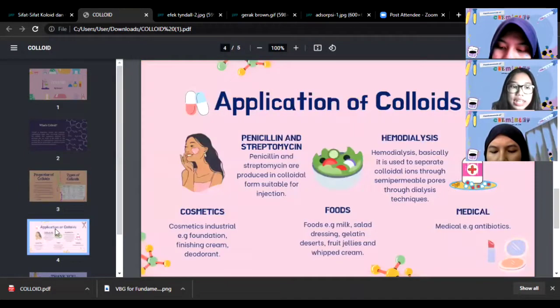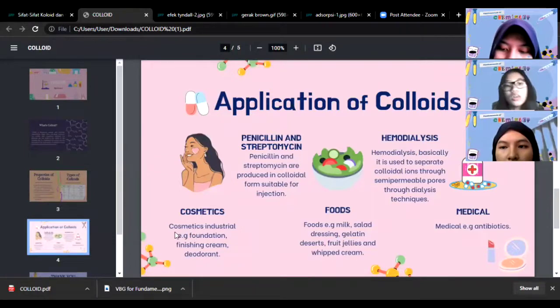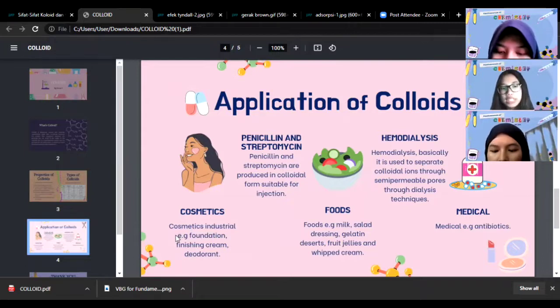So next is application of colloids. It includes cosmetics, penicillin and streptomycin, foods, hemodialysis, and medical. Cosmetics are used in the cosmetic industry, for example foundation, finishing cream, and deodorant. Penicillin and streptomycin are produced in colloidal form suitable for injection.